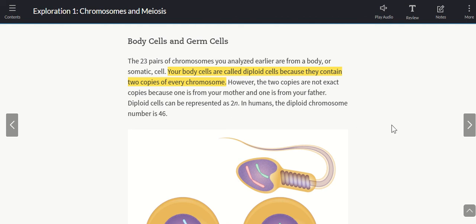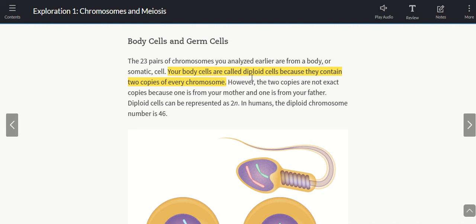When you describe the number of socks that you have, you could say, I have 23 pairs of socks, or you could say, I have 46 socks, and both statements would be correct. 23 pairs, or just saying 46 total. Both of those statements would be correct. And in DNA and in humans, we say the same thing. We say that we have 23 pairs of chromosomes, or we say that we have 46 chromosomes. Either way is a correct way to describe the DNA in our cells.